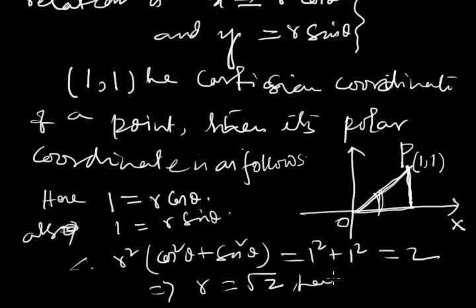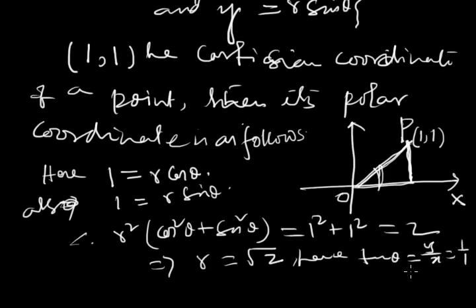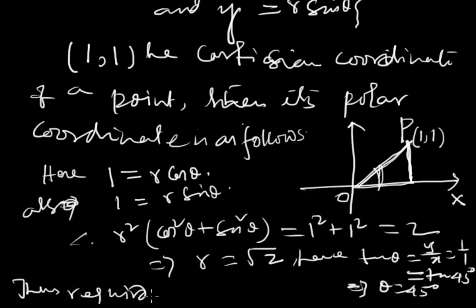And hence, tan theta equals y by x equals 1 by 1 equals tan 45 degree. This implies theta equals 45 degree. Thus, the required polar coordinate is root 2, pi by 4.